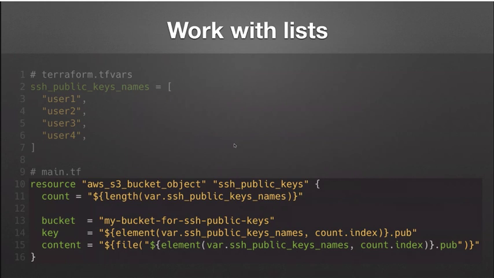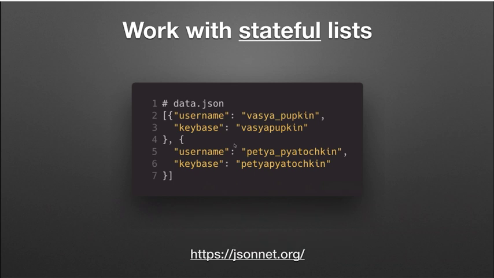So every time somebody like user 3 is leaving the project, user 4 will suffer and have a new access key. That's not acceptable. So the solution for that, which many people are using, is Jsonnet.